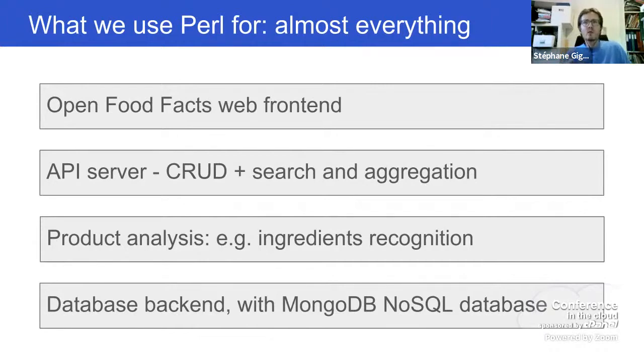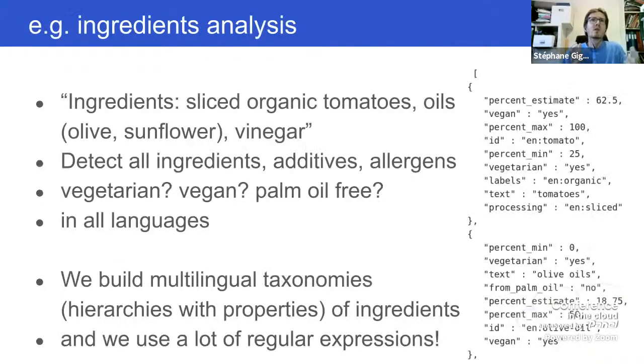And for the backend, we use MongoDB, which is a NoSQL database. And I like it a lot because I can take all my Perl hashes of arrays and just put that into JSON into the MongoDB database and then retrieve it back later. So that's really nice.